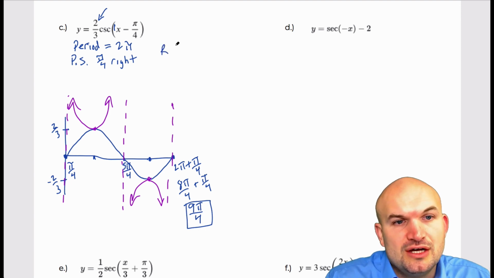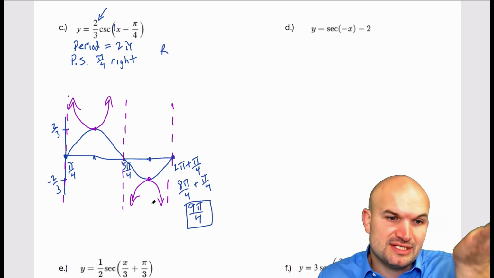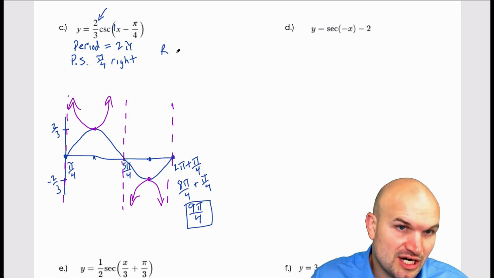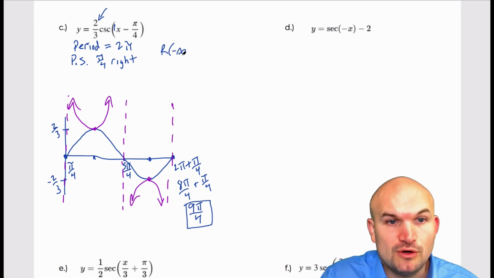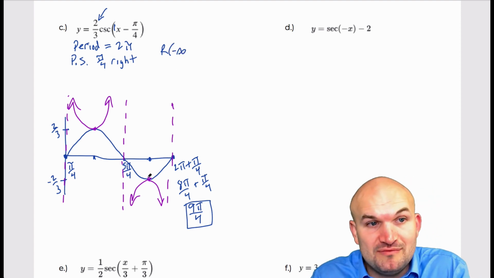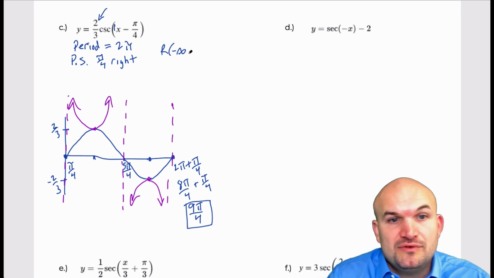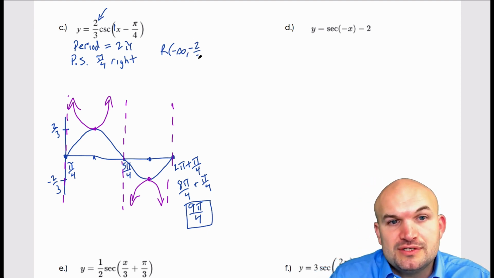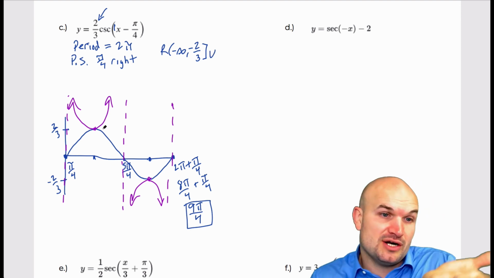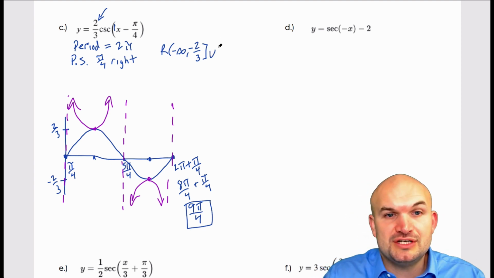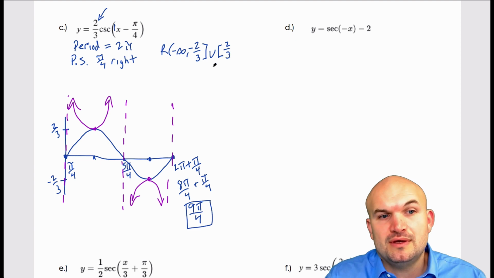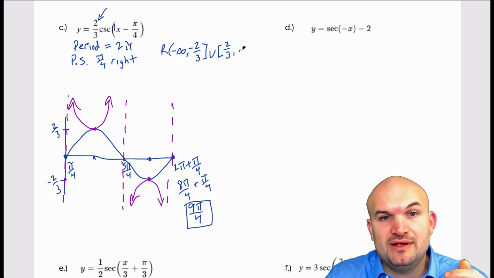The range of this function, you can see, starts at negative infinity, and it's only going to go as high as the minimum of the sine graph, which is negative 2/3. And then that's union. It's going to start now at the maximum of the sine graph, which is positive 2/3, and it's going to continue all the way to infinity.